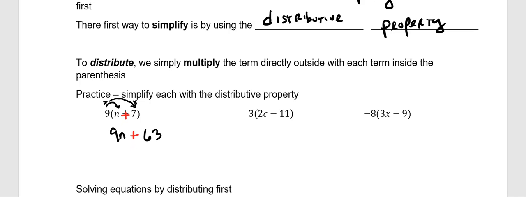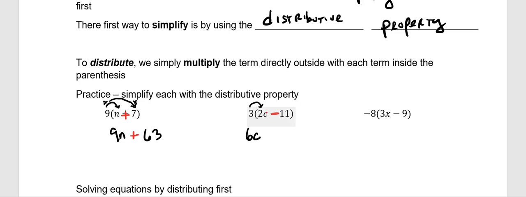So we'll do this again. In the next example, the term directly outside the parentheses is a 3. So we're going to say 3 times 2c. Well, we know 3 times 2 is 6. So 3 times 2c would just be 6c. Again, we're going to be mindful of the sign that we're going to see in front of this 11.